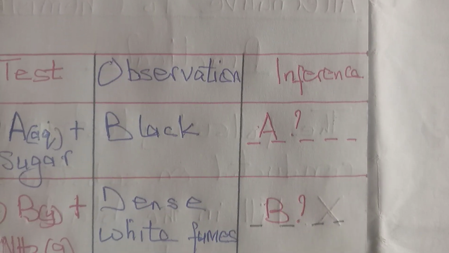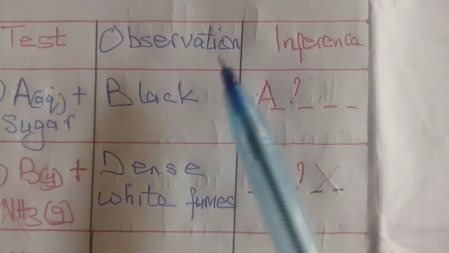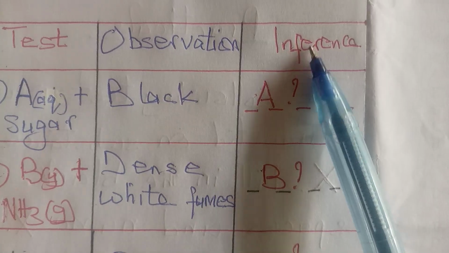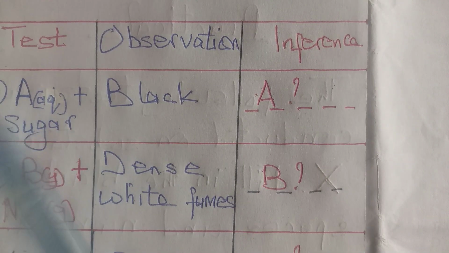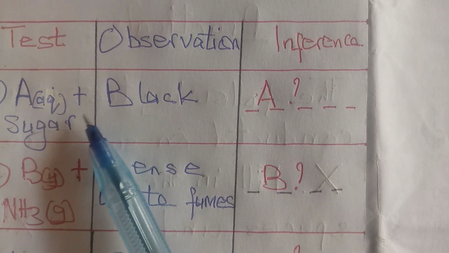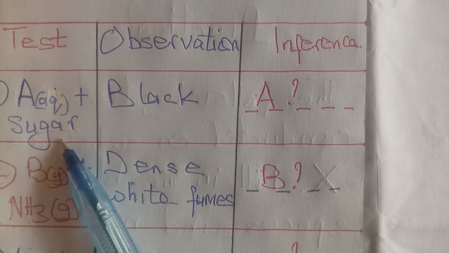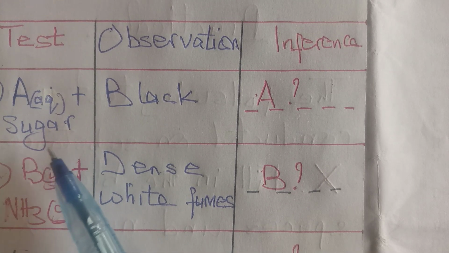Just look up. We have again the test, the observation, as well as the inference. Now, number one, we were told that solution A was dropped on the cube of sugar. You know, cube of sugar is white and is solid.